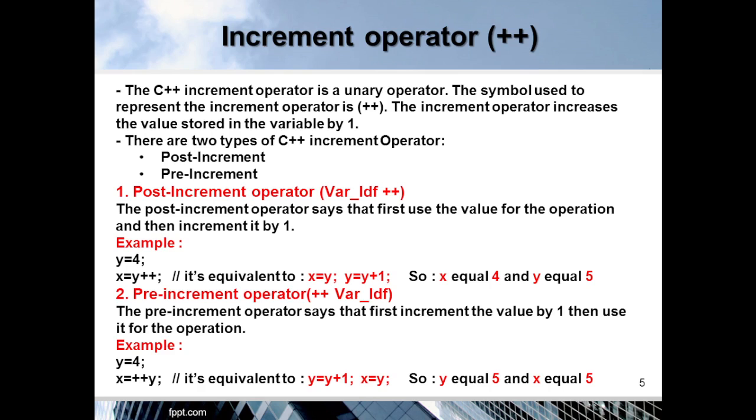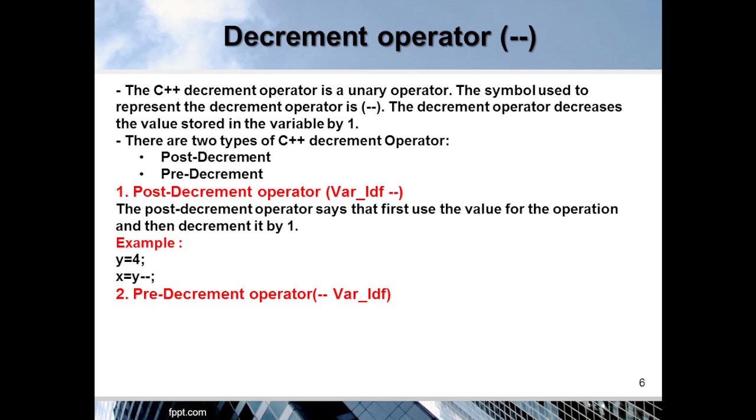So at the end we obtain y equal to 5 and x receives the same value as y, which is 5. So both of them contain the same value 5. So if we compare the two operations, the first one says you use the value then increment the variable by one, while in the second case we increment by one then we use the value. Okay? The same thing can be said on the decrementation operator.